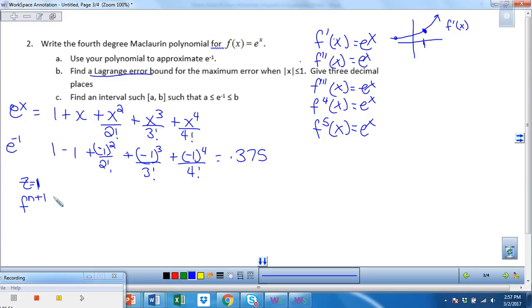So f to the n plus 1 over 1 is what I'm looking at, and then I have n plus 1 factorial times x minus c to the n plus 1.